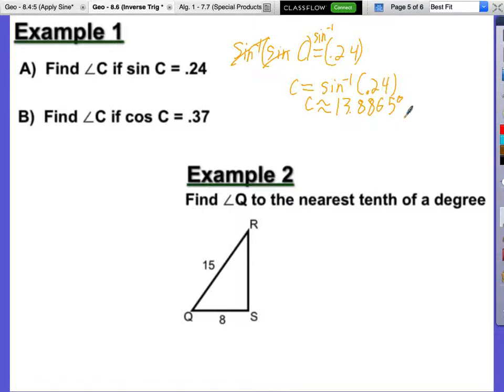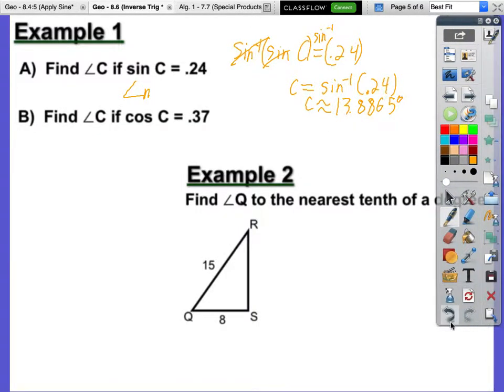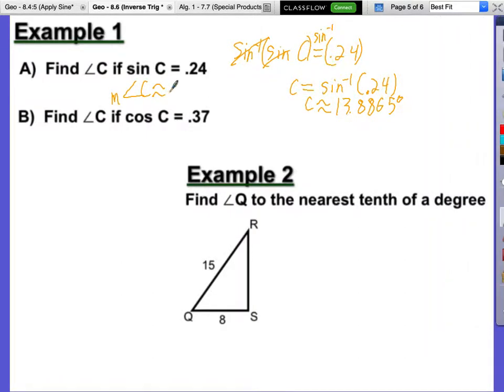If we went to the nearest whole degree, the measure of angle C is approximately what whole degree? 14. So we can put that as our answer.